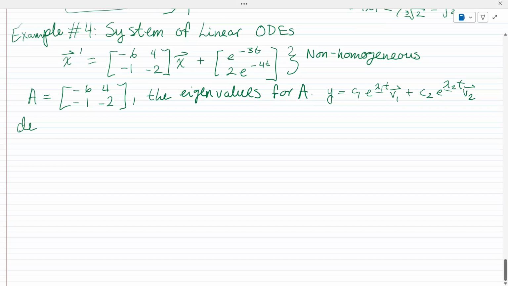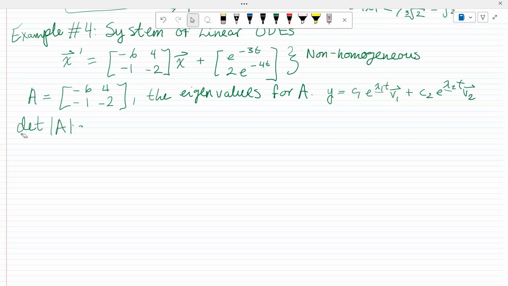We have to take the determinant of A minus I lambda. This will be equal to -6 minus lambda times -2 minus lambda plus 4, which will be equal to 0.